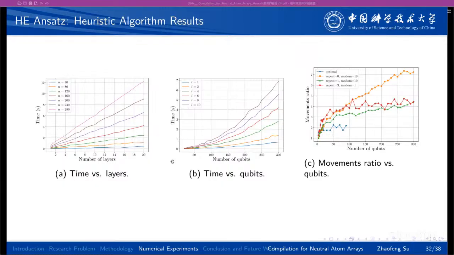And the atom movement is just around 4 times the optimal movement. Okay, thank you. I just missed the numbers here.